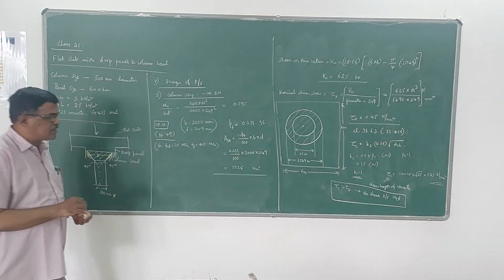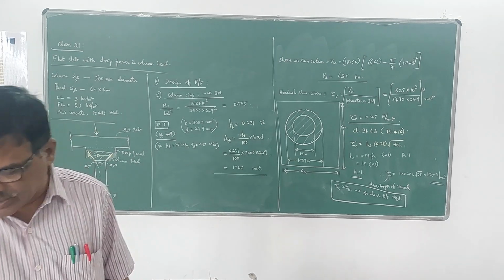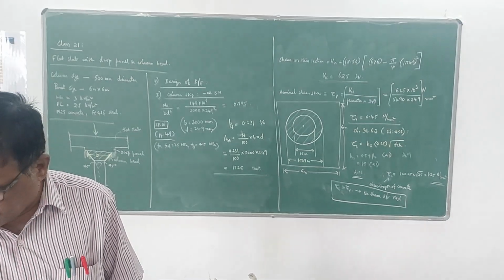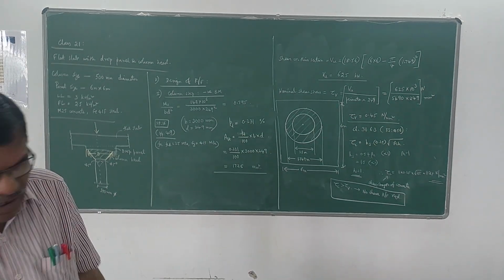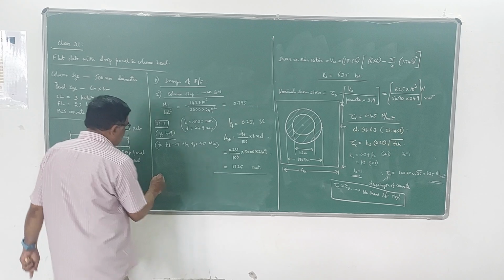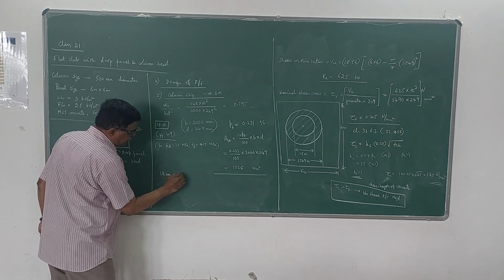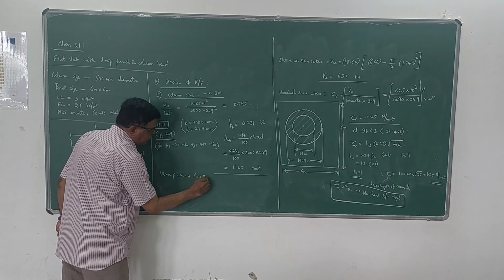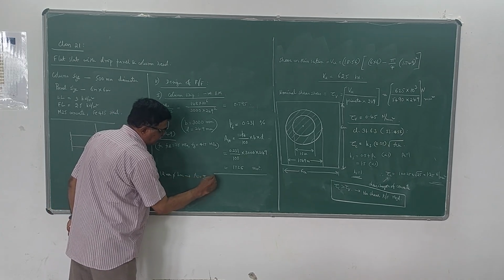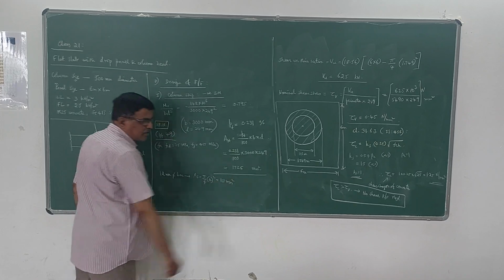From this Ast, you need to calculate spacing. S is the spacing of the bar, based on the diameter of one bar. Assuming a 12 mm dia bar, your area will be pi by 4 into 12 square, which comes out to be 113 millimeter square.